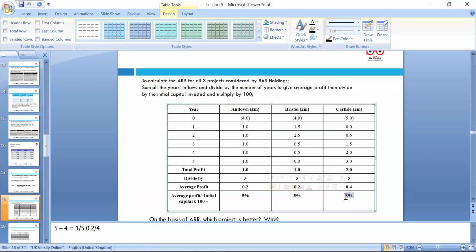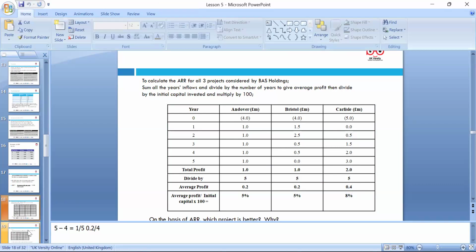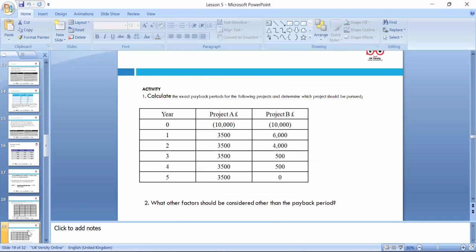So compared to each project, the Carlisle project is better than all the other projects. In this way, we can calculate which project is better than another. That's the way we can calculate ARR.